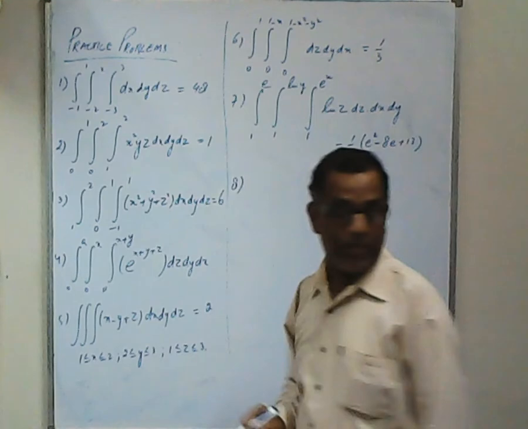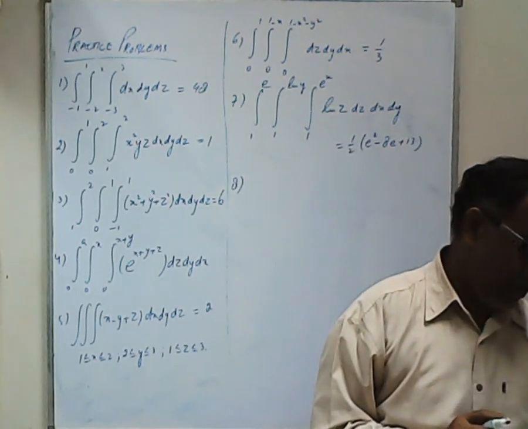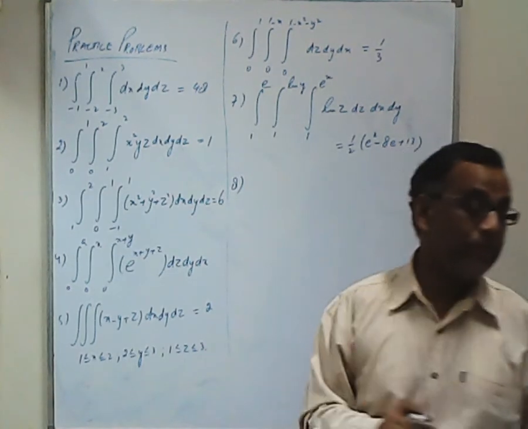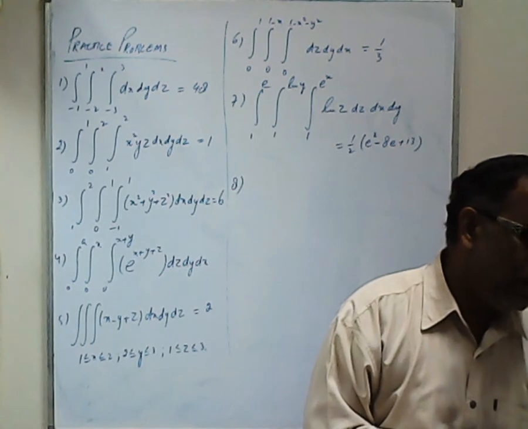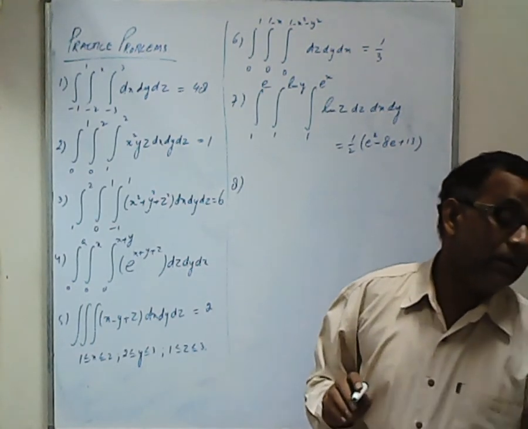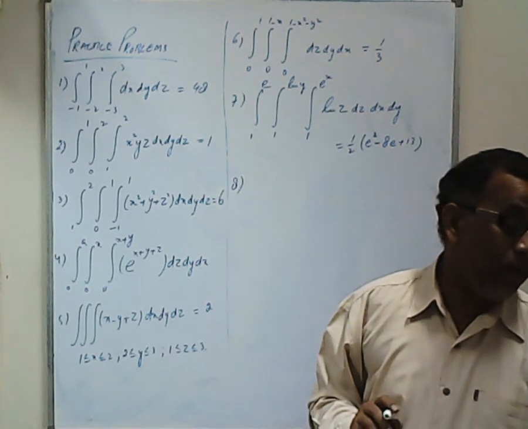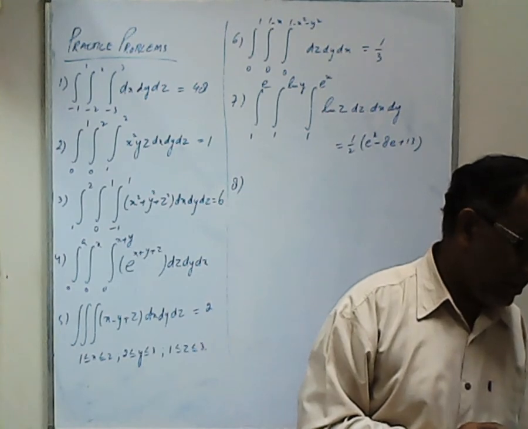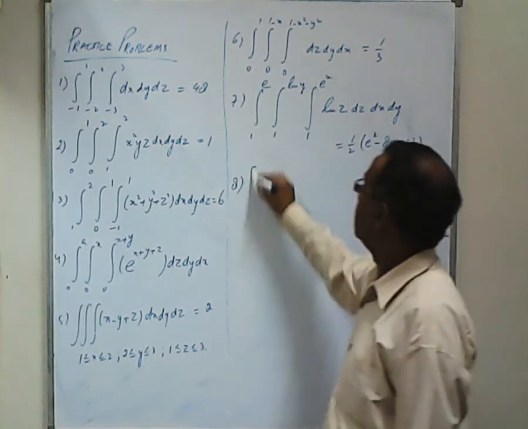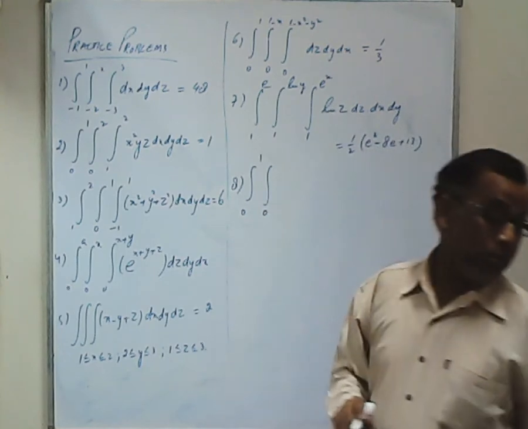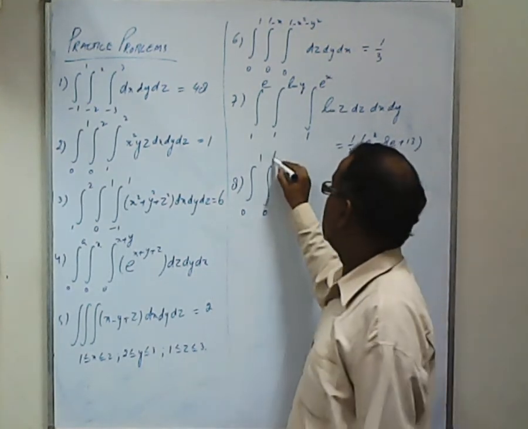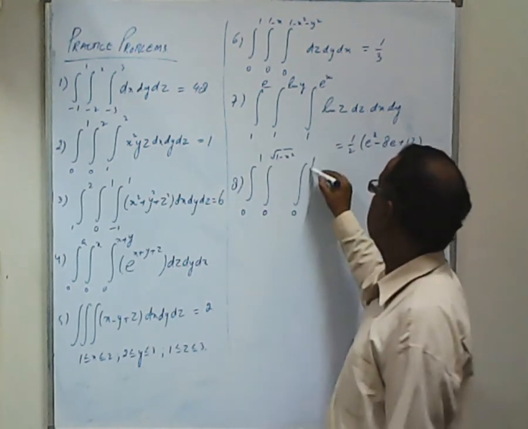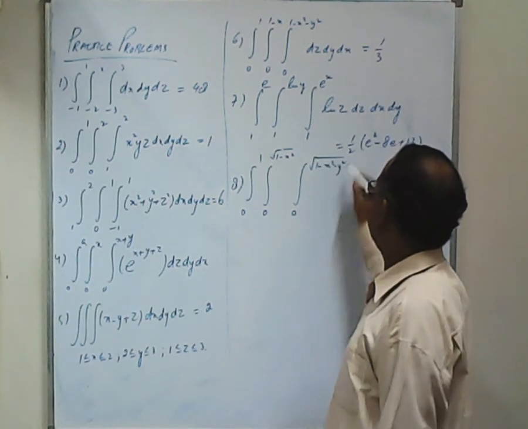Then in example number 8, we have 0 to 1, 0 to under root 1 minus x square, and 0 to under root 1 minus x square minus y square.